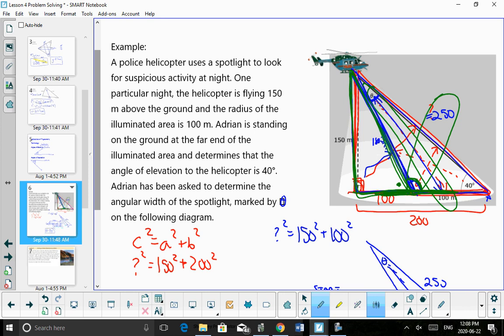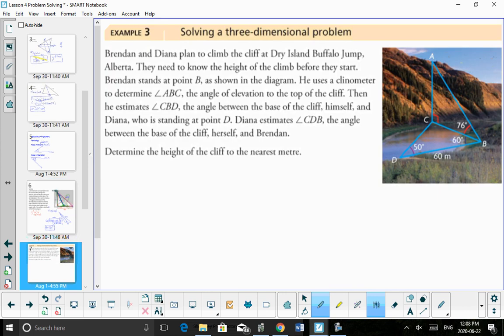Let's take a look at this one. It says here, Brendan and Diana plan to climb the cliff at Dry Island Buffalo Jump, Alberta. They need to know the height of the climb before they start. Brendan stands at point B as shown in the diagram. He uses a clinometer, which is just a device that helps you measure angles, to determine angle ABC.